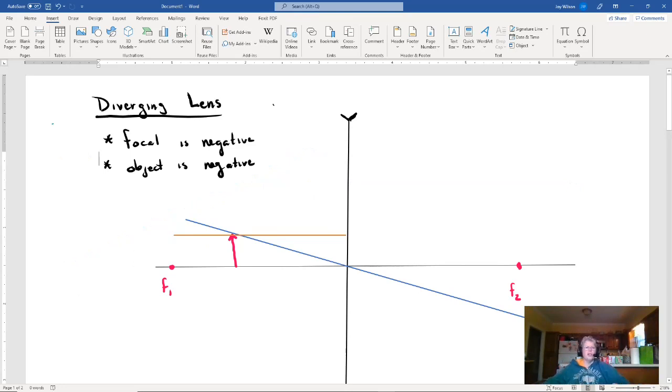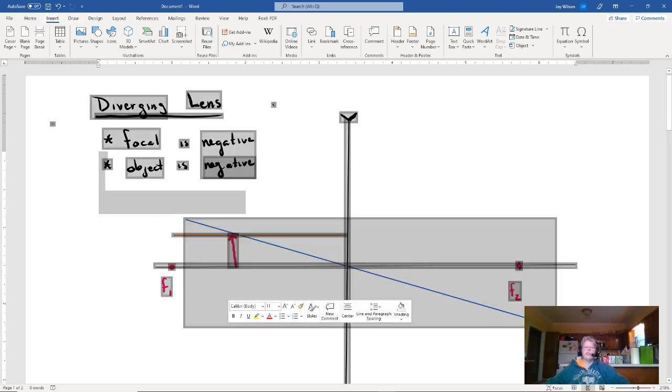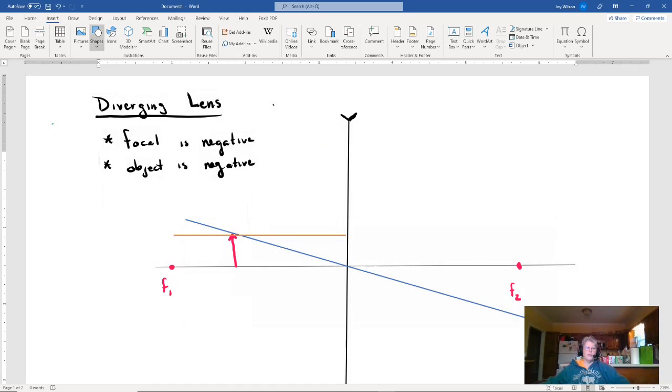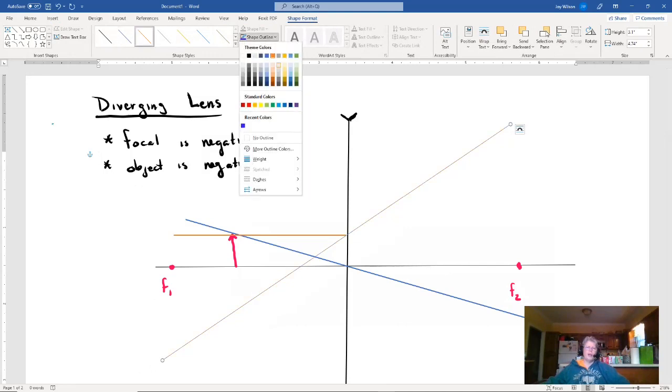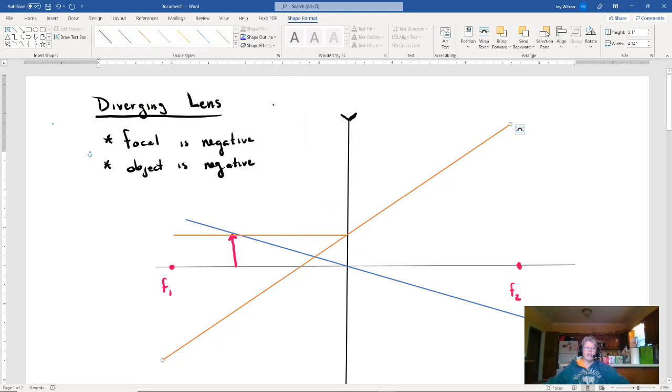Okay. The one that comes in parallel, just give me a line. Insert a line. Thank you. Make it orange. Make it have weight. Aim it from this focal point.